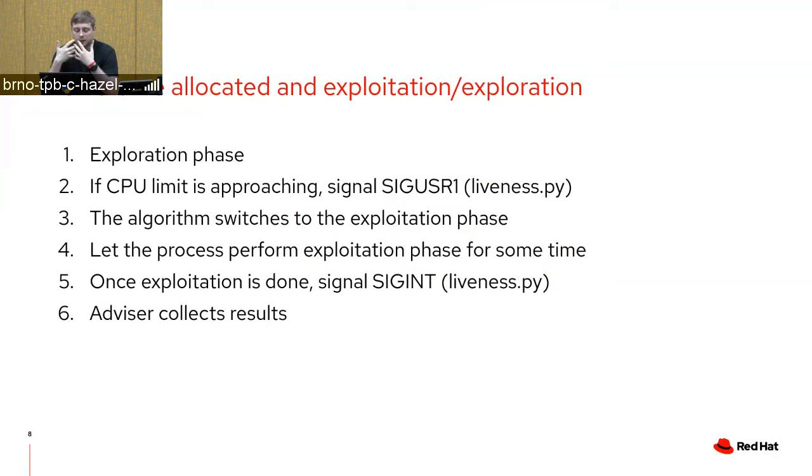If we take a look at how this is done in the resolution phase and the signal handling, first the exploration phase is started in the process 2 that we discussed earlier. If the CPU time allocation limit is approaching, that's the limit that is configured in the OpenShift manifest files, first the SIGUSR1 signal is sent. This signal is sent by the liveness.py script. The algorithm completely switches to the exploitation phase.